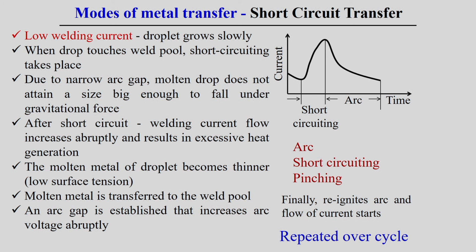Once there is a gap, the arc is created again, melting the electrode material, and a droplet is created. The gap is again very low, this molten metal touches the workpiece, and the repetition of similar phenomena happens. These are the typical behaviors in short circuit kind of metal transfer.